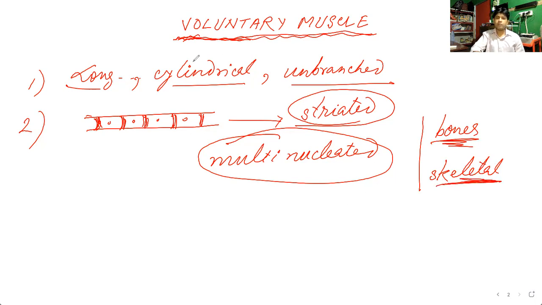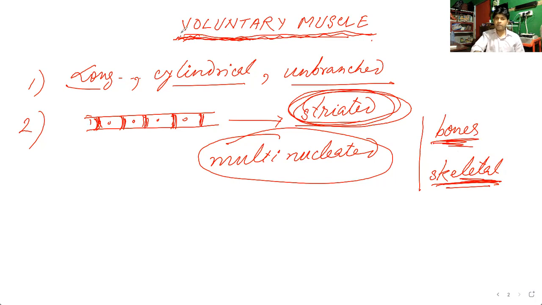So how many names are we getting? First of all, they are voluntary muscles because they can be controlled by our will. Secondly, they are striated muscles because they have some dark and bright stripes in their cells. And thirdly, we can call them skeletal muscle also because they are attached to the bones. So these are their names.